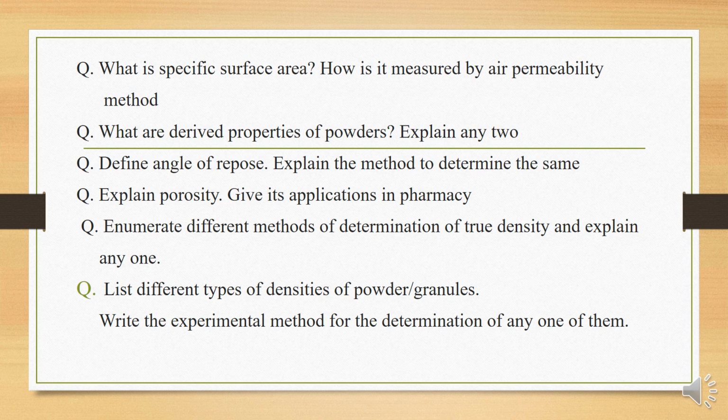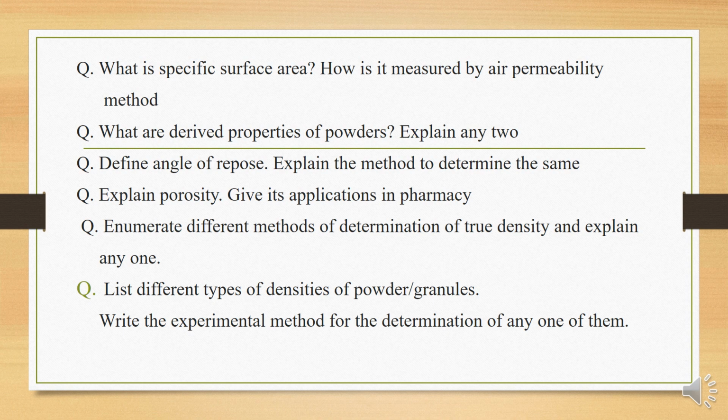The next question is, what is specific surface area? Specific surface area is defined as the surface area per unit weight. Normally we represent it as capital S subscript W, or per unit volume of the material.